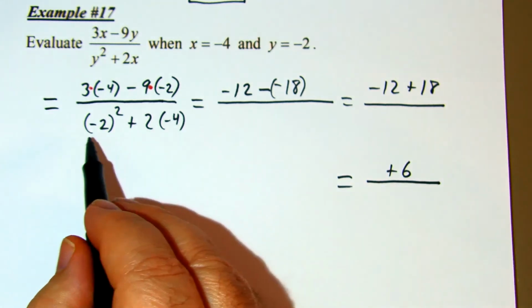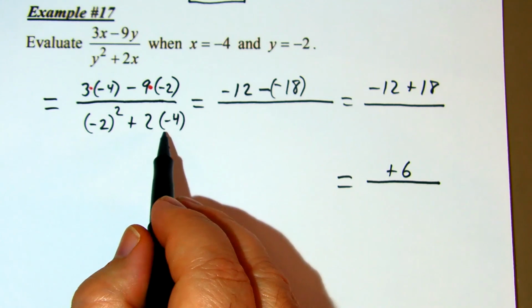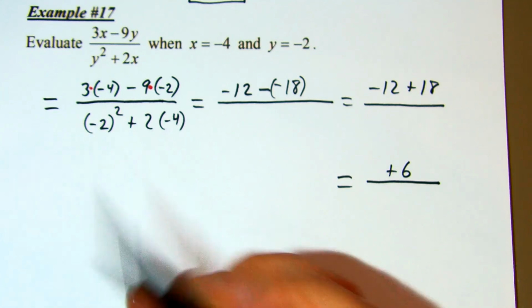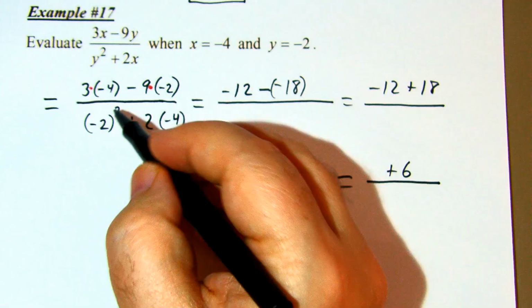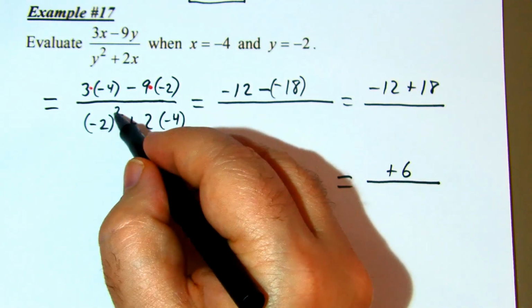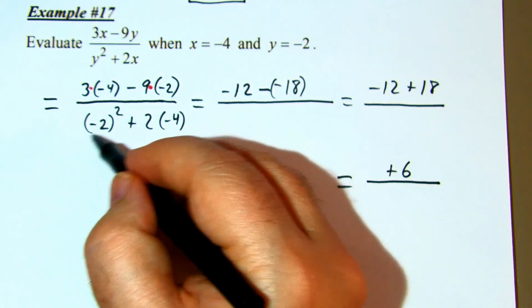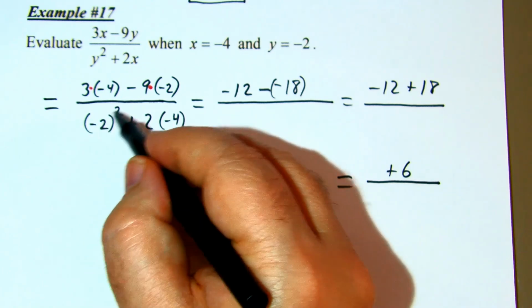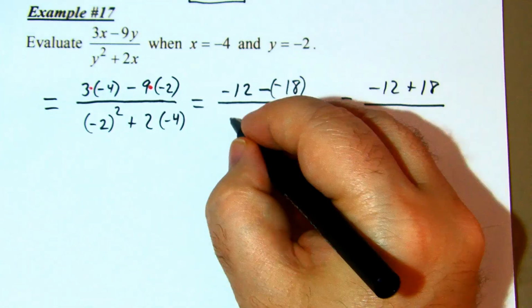On the bottom, we look for anything to do inside parentheses, and there's nothing inside parentheses to do. So now I'm going to do exponents. This 2 is going to square the 2, which is 4, but because of the parentheses, you're also squaring the negative, and so that's a plus 4.